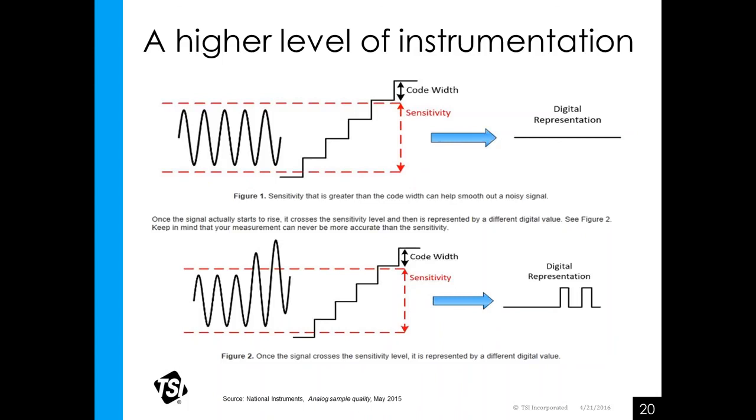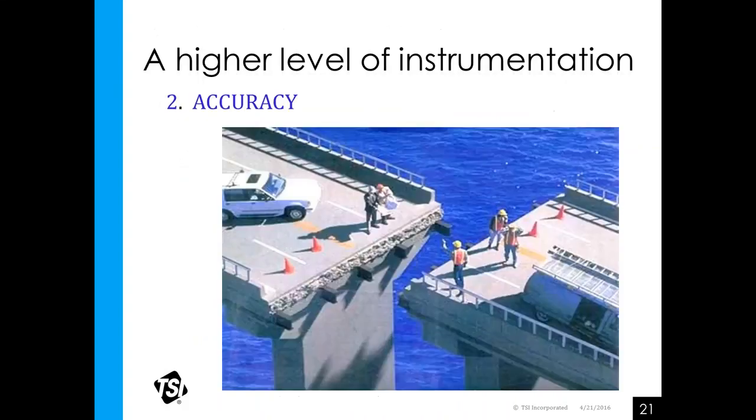Second term we need to talk about is accuracy. And by accuracy, I mean the capability of the instrument to faithfully indicate the value of the measured signal. This term, don't get confused with resolution. Accuracy is not related to resolution. However, just know that the accuracy can never be better than the instrument's resolution.